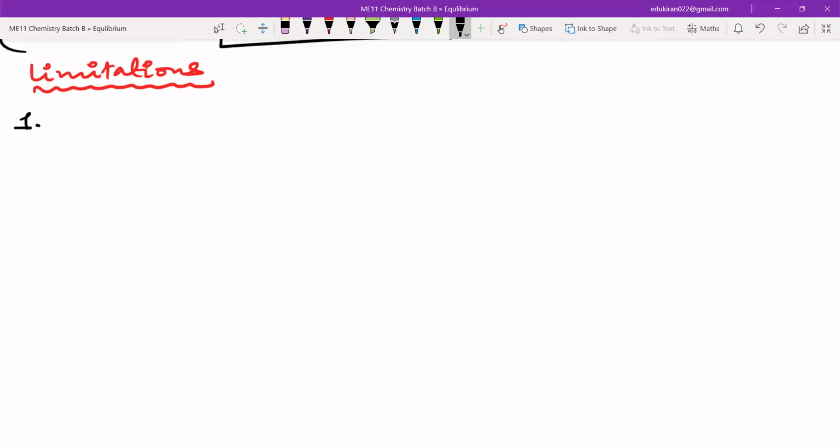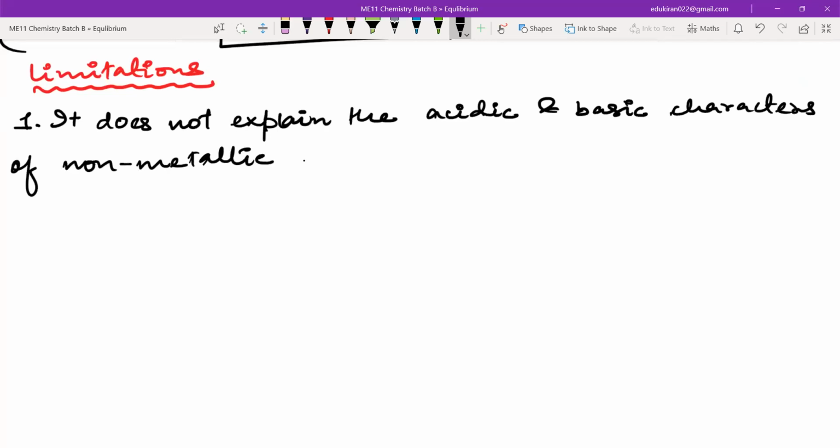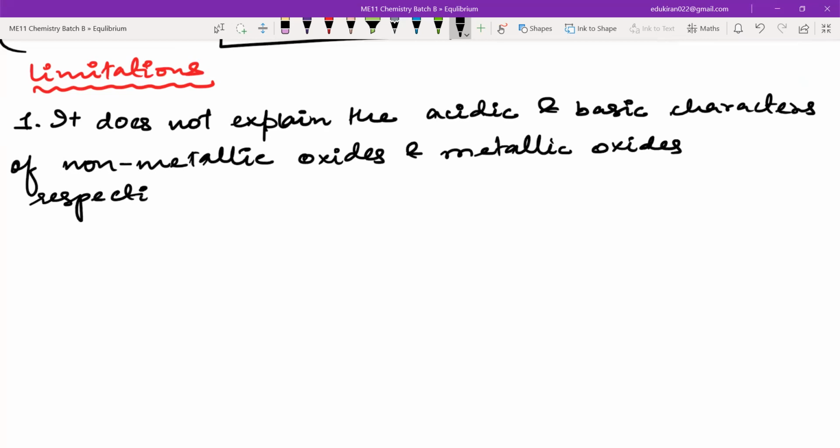First of all, it does not explain the acidic and basic characters of non-metallic oxides and metallic oxides respectively. Second point: it does not explain the acidic and basic characters of non-metallic oxides and metallic oxides respectively.